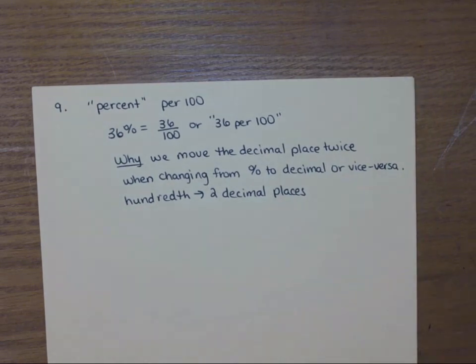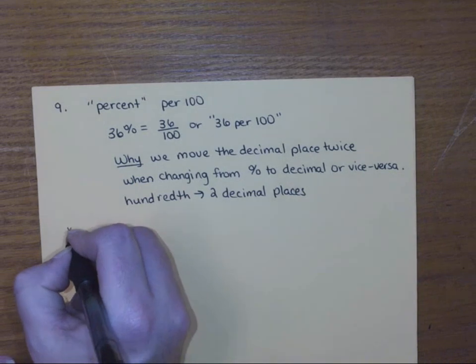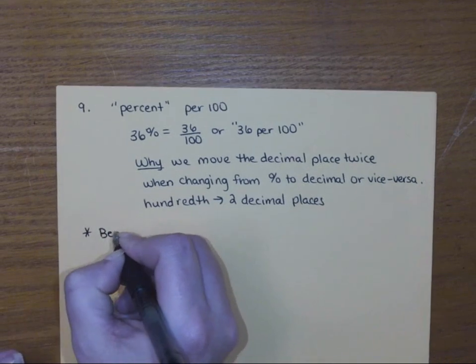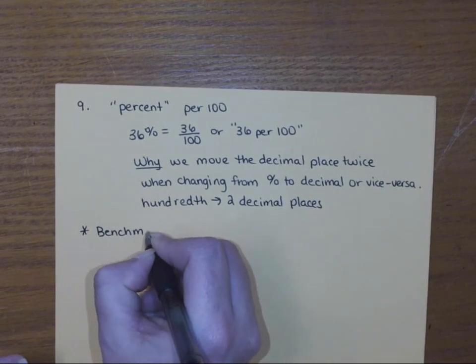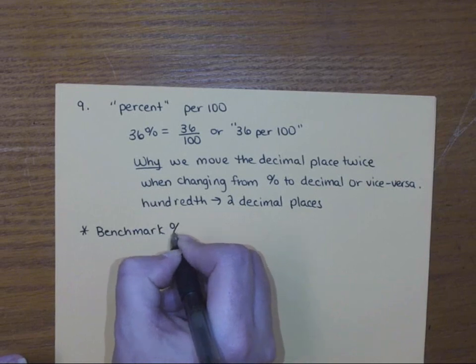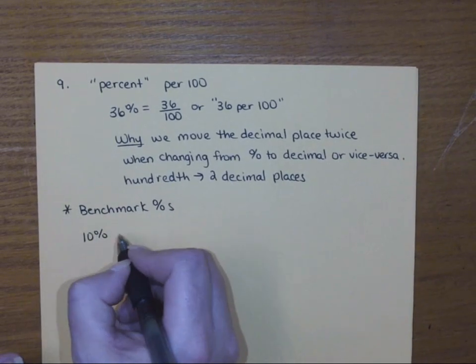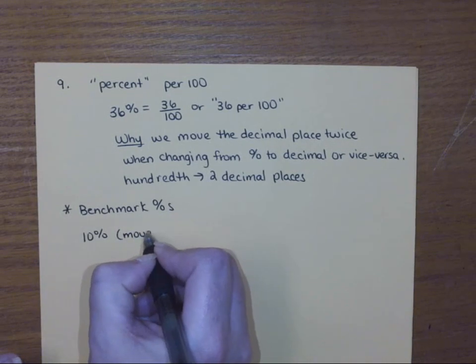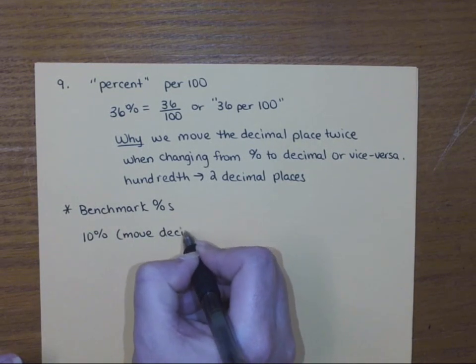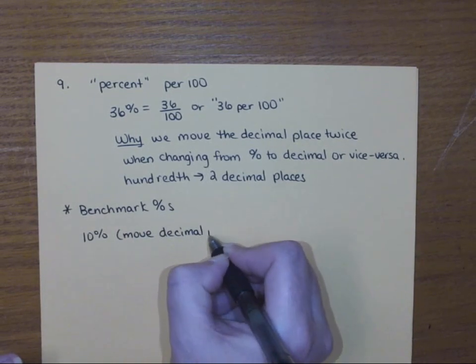Okay, so before we get to number 10, I just want to remind you of the benchmark percentages. I kind of already verbally went through some of those. So the main ones are 10%. By the way, how you do that mentally is you move the decimal place once.